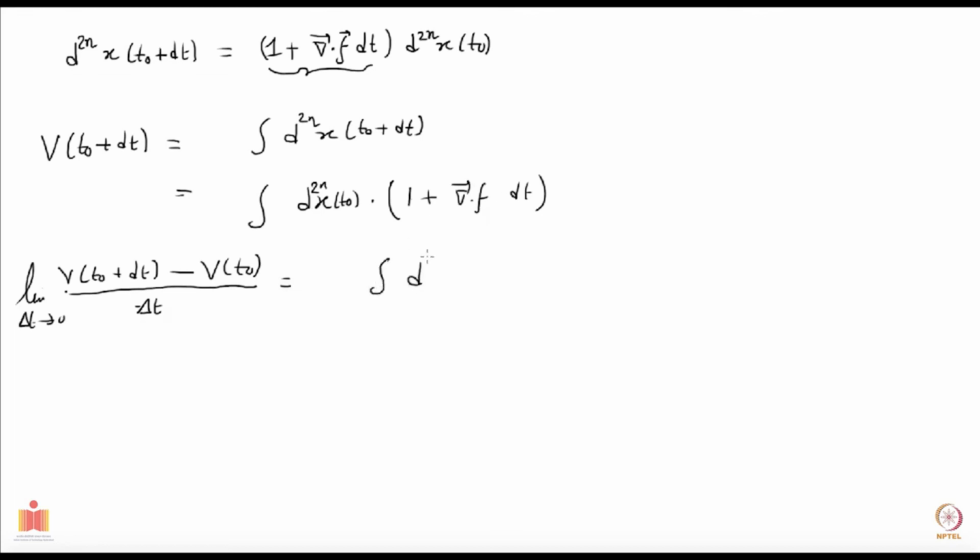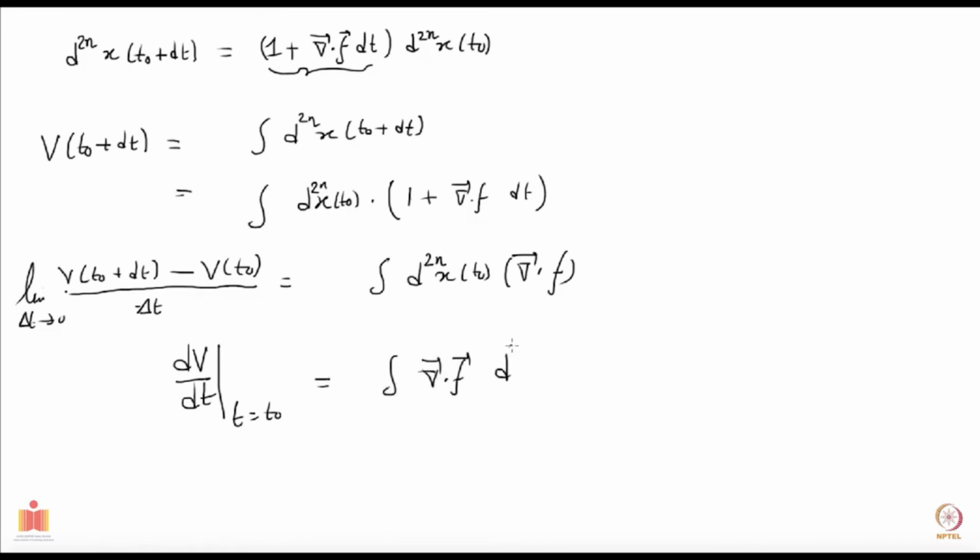So you have the integral over the volume element of divergence of f, right? So dV over dt evaluated at time t equal to t naught is the integral of divergence of f times d2nx at t0.